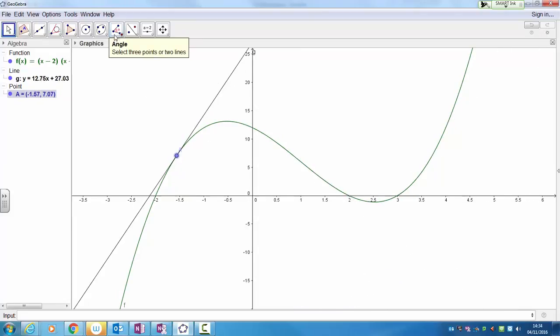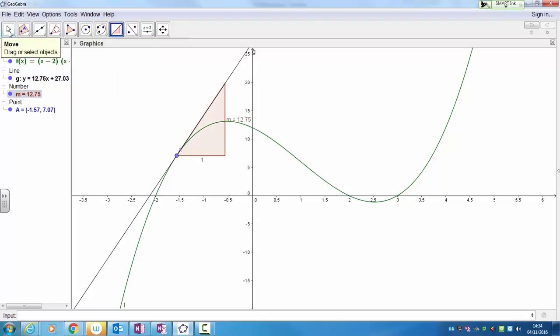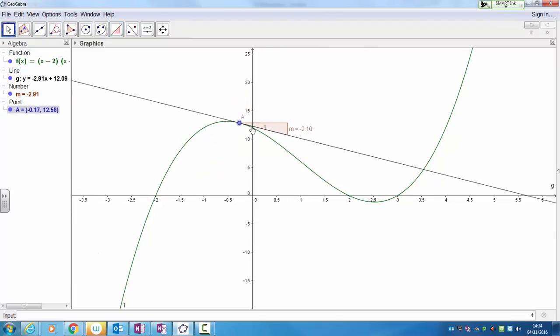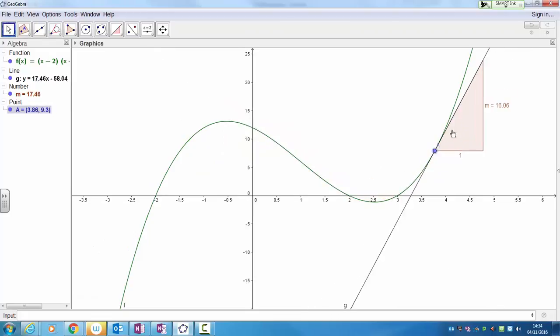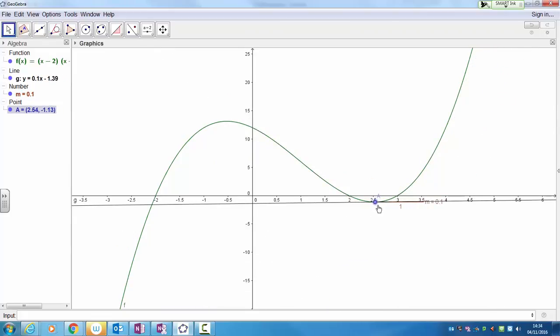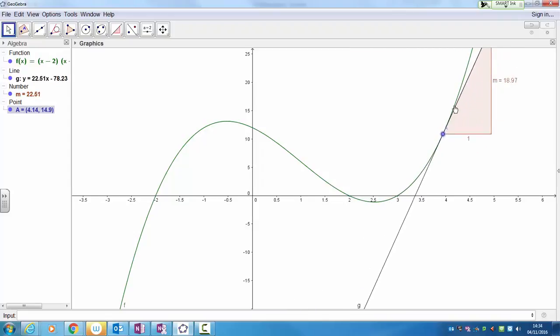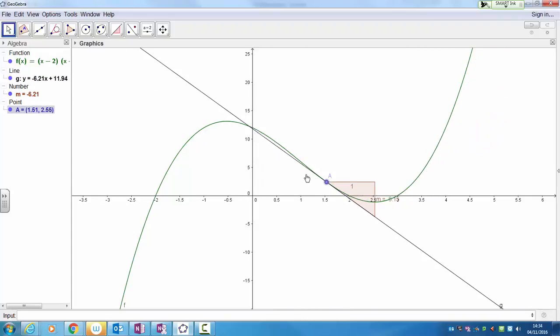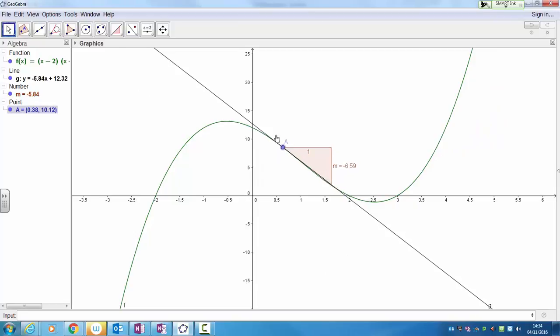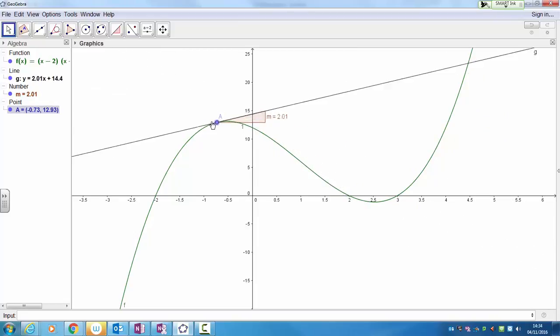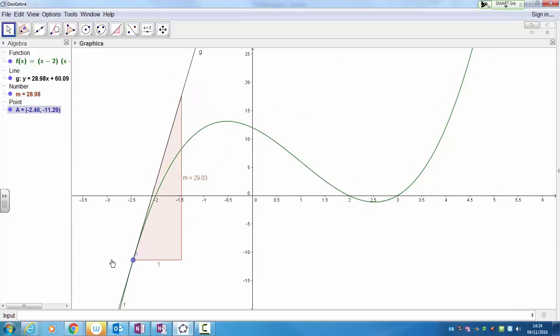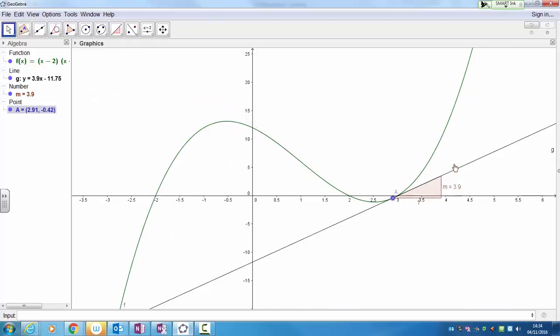I could actually go one step further, and if I click on slope, that triangle is a visual representation of the gradient. So over here the gradient is 0, over here it's positive, and it increasingly becomes positive. Over here it's negative, here it's 0 again, and then here it's positive. Is that okay? Right, so that's GCSE stuff.